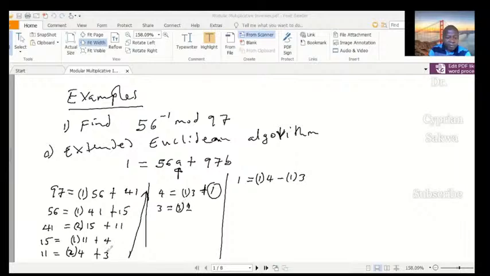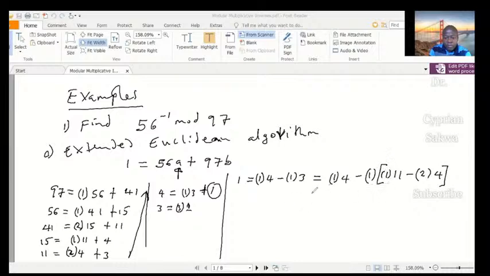What is 3? 3 is 11 minus 2 multiplied by 4. So this is the same as 1 times 4 minus 1, but instead of 3 we write 11 minus 2 multiplied by 4.